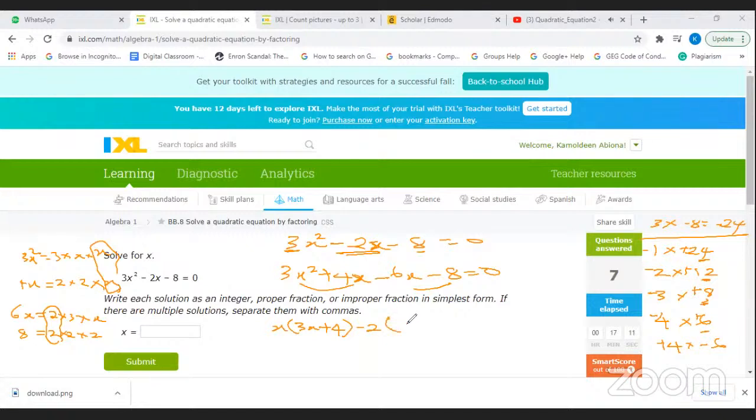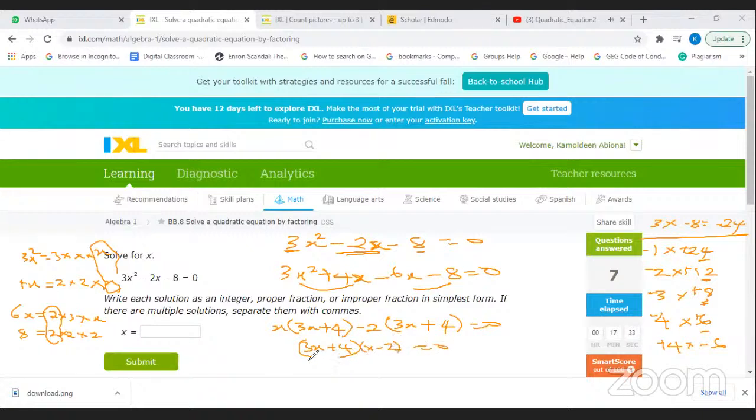What do you have left up? 3x. And as I've said, when minus is preceding the bracket, it's going to change whatever you have here. So to change it from minus to plus, we have 4 left now, equals 0. So 3x plus 4 is common. Then you are left with x minus 2 equals 0.